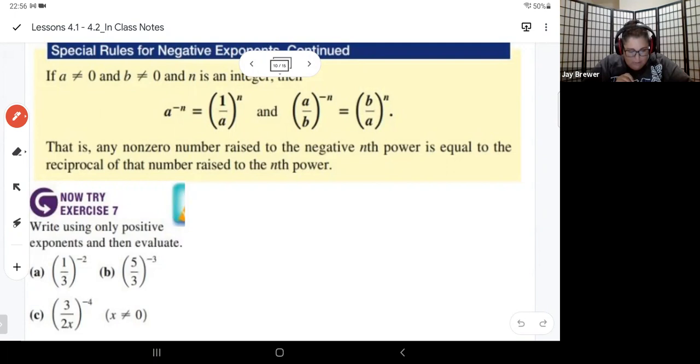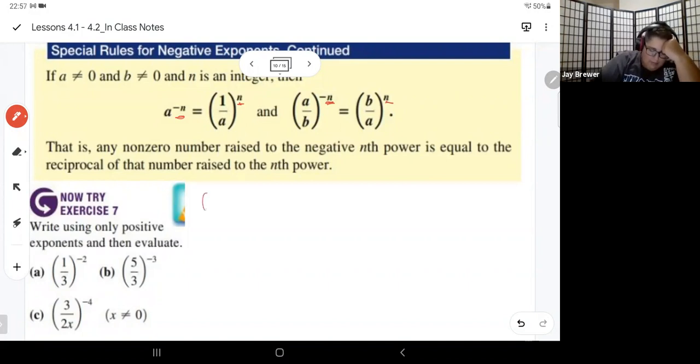Special rules continued. Again, A and B here cannot be 0. It's just telling us some stuff we already knew, except it's focusing on this right here. Not only can we bring it and make it a fraction, we then bring it outside. And if it is outside already, we flip the inside fraction, and that will make the outside exponent positive.